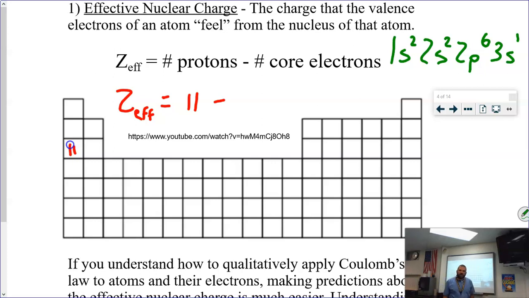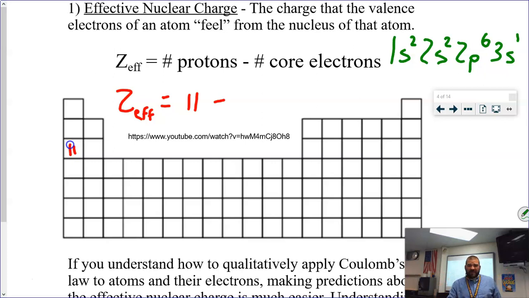That's the electron configuration for sodium, okay? Now the question becomes, well, that's great, we have 11 electrons, but how many of those are valence and how many of those are core? If we identify the valence electrons, every other electron present is a core electron, okay? So valence, the definition of valence electrons, is these are the outermost electrons, okay?